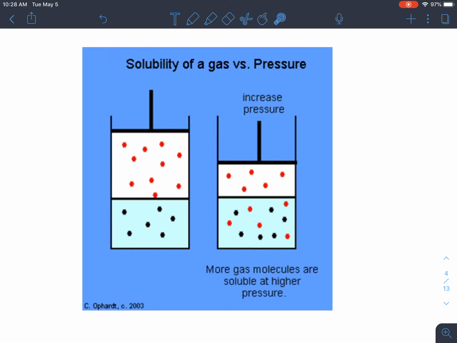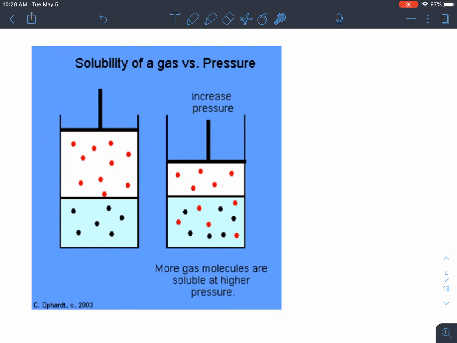So what ends up happening is when you first hear that sound, that is the release of pressure that was applied in order to get that CO2, the carbonation, dissolved into the liquid. To get those bubbles in there, you have to pressurize that can.